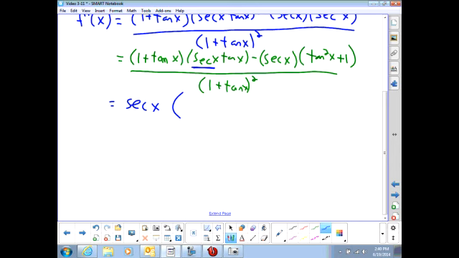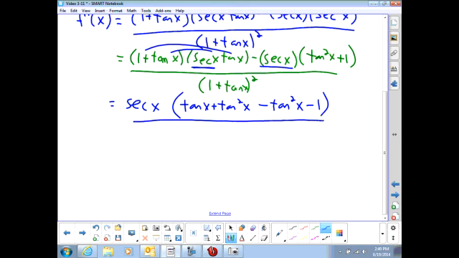So we'll distribute that tan x through to give us tan x plus tan squared x. Again, where that's coming from is we just distributed that tan x to each thing. In the second part, this secant x is gone, but we still have the negative 1 to distribute to each thing. So we'll get minus tan squared x minus 1 all over our 1 plus tan x squared.